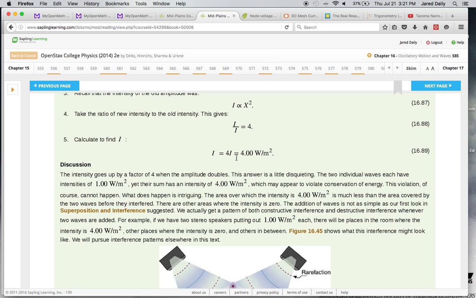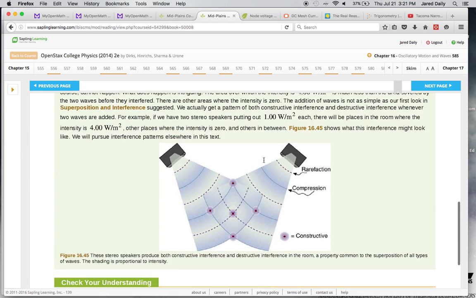Intensity over intensity is going to be equal to 4 because everything else is going to cancel out. So we just calculate what we're going to need for our I, and it's going to end up being 4 watts per meter squared in the end when we solve for that. I equals 4I and so on and so forth.